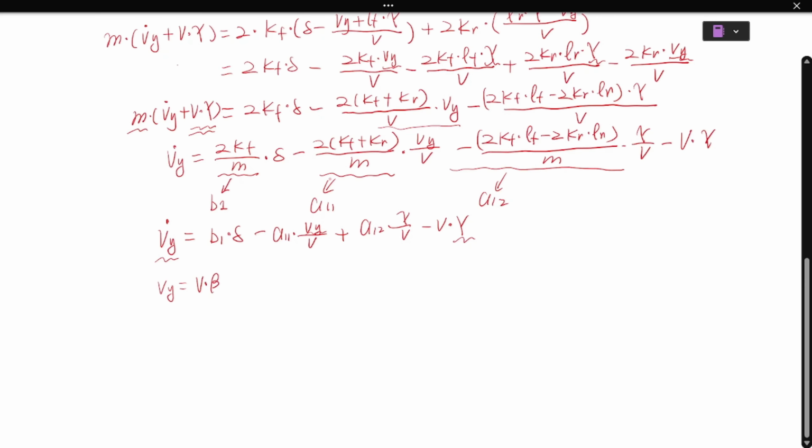Then gamma equals, in the last episode we explained, gamma equals theta f dot plus theta ref dot. In the last episode, for gamma we used theta g dot to represent it, so please check it out.